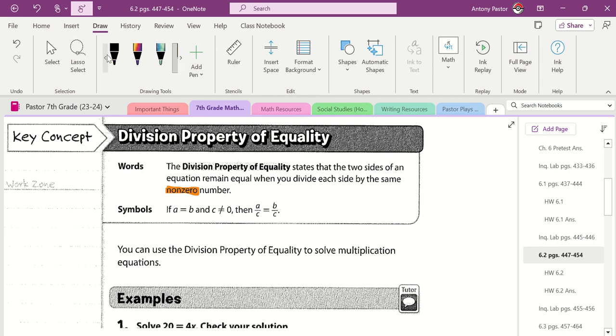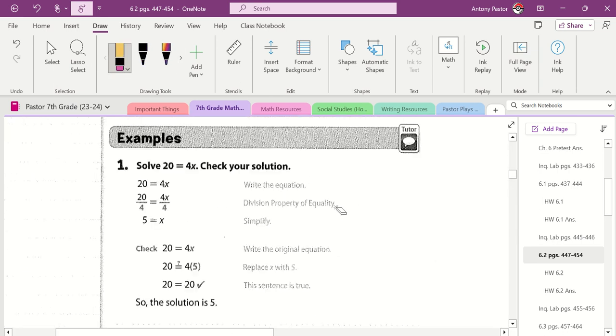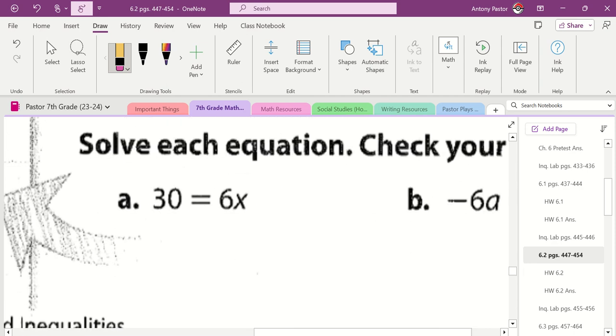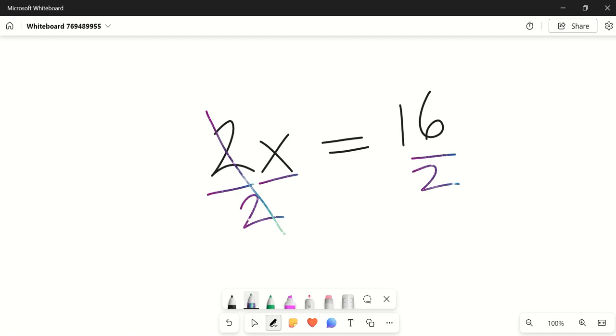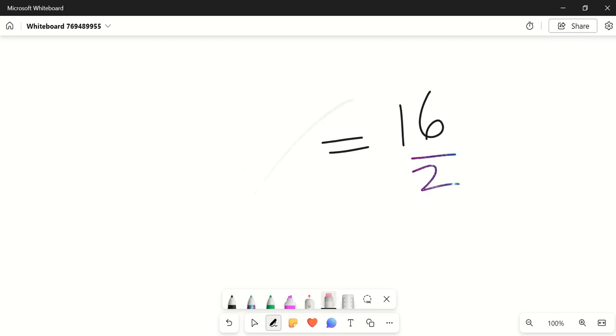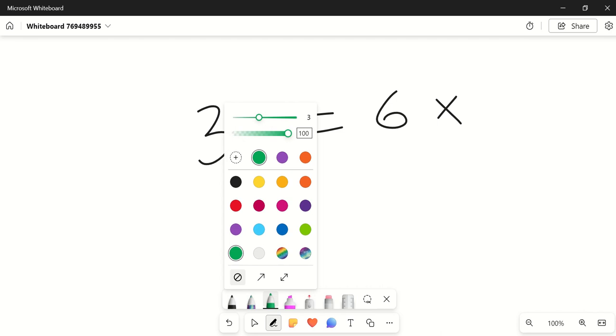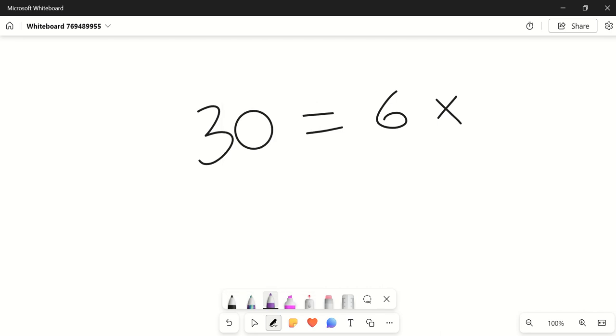Any questions so far? All right, so let's do an example. 30 equals 6x. This is pretty simple. 30 equals 6 times x. What do I need to do first?